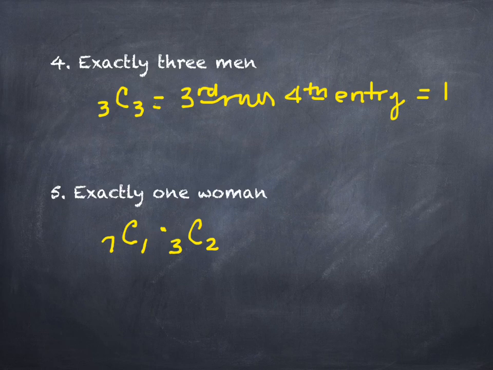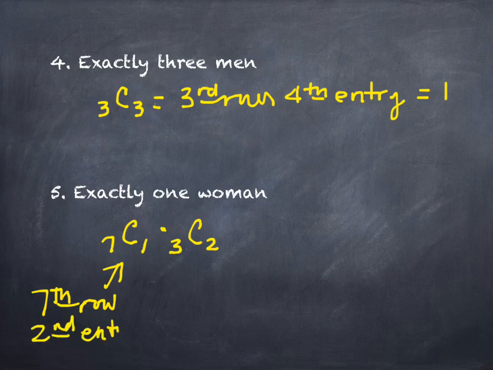Okay, so let's do this the same way. The first one is the 7th row. What entry? 2nd entry. The 2nd entry on the first one. We'll get the 3rd entry in a minute. So what is the 7th row 2nd entry? That's 7. And then for the men, the 3C2, what row? 3rd row.